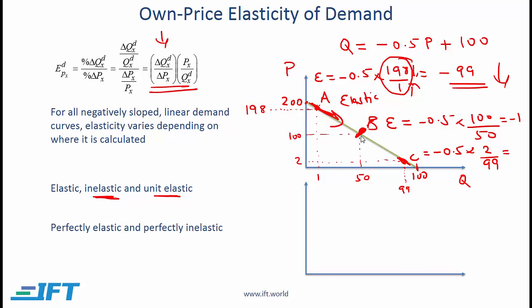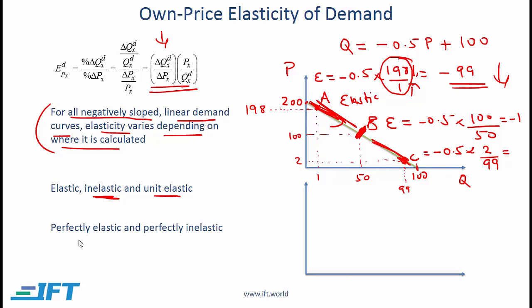We come to point B where we are unit elastic, and as we go further down we become more and more inelastic. So that illustrates this point. For all negatively sloped linear demand curves, elasticity varies depending on where it's calculated, and now we've shown that elasticity is high in this region, low in this region, and we have unit elasticity over here.